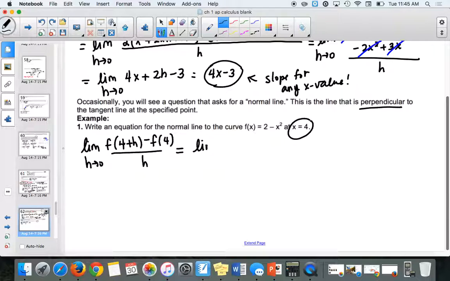All right, so I get the limit as h goes to 0, and I'm going to have 2 minus 4 plus h quantity squared. That's the entire f of x plus h, minus 2 minus 4 squared.